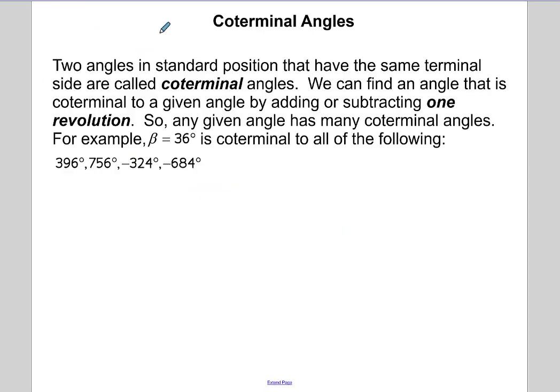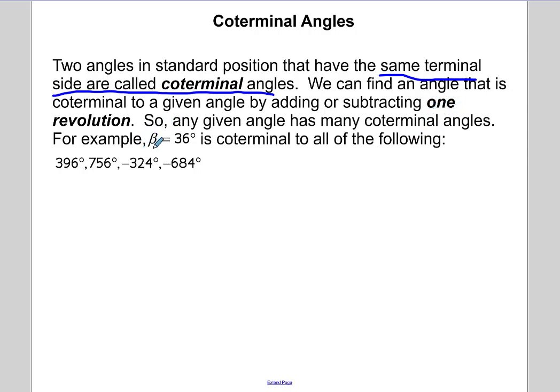So that's pretty straightforward. Two angles in standard position that have the same terminal side are called coterminal angles. Same terminal side, or the same ending ray. We can find an angle that's coterminal to any given angle by either adding or subtracting one complete revolution.